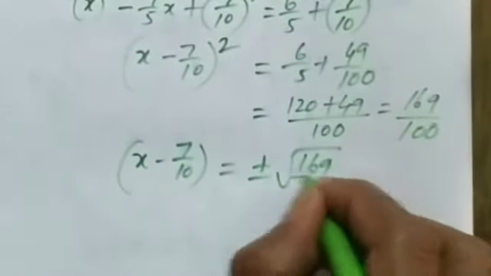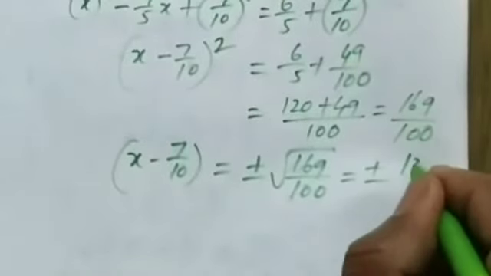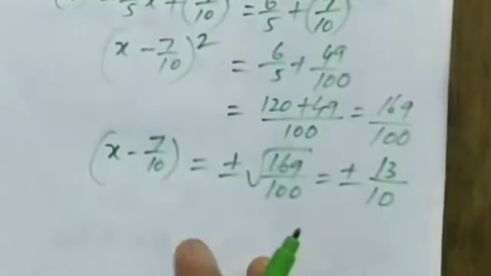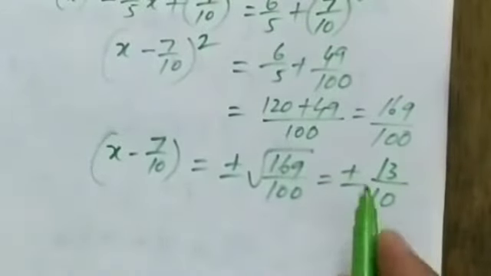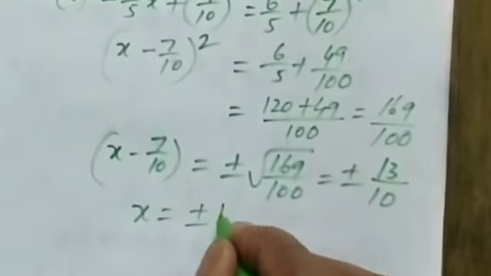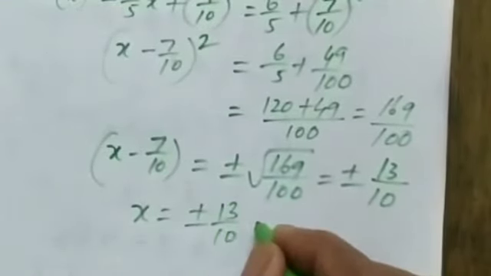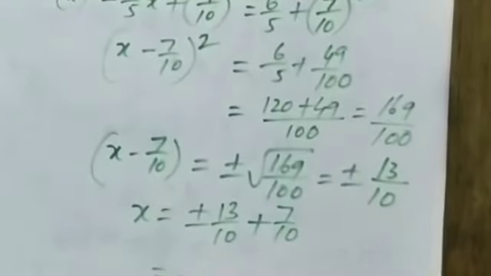So 10. So on removing the square root you get plus or minus 13 by 10.